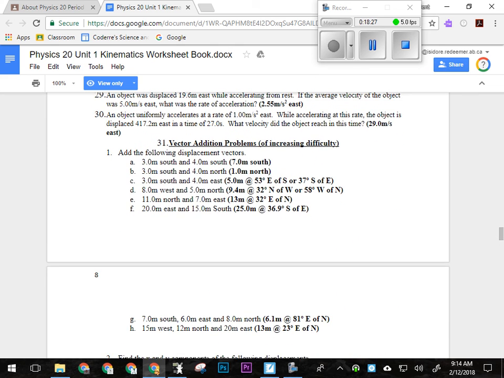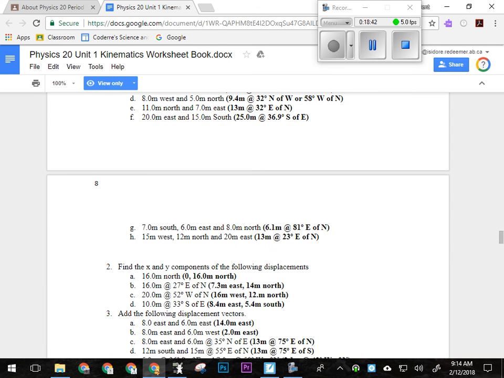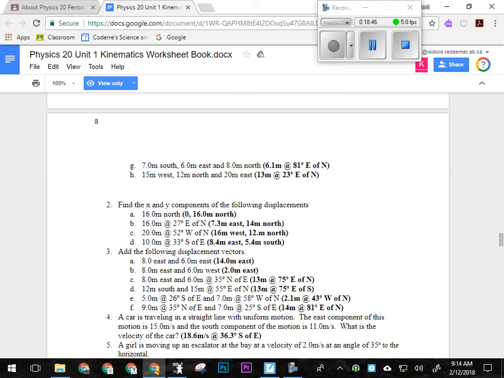It starts on the bottom of page 7 in the workbook. The answers are here in bold and brackets, so you can check them as you go. Like I say, it starts out really easy. You've got some collinear ones in question number 1, a bit of perpendicular to end question 1, and then it'll start getting into find the x and y components.